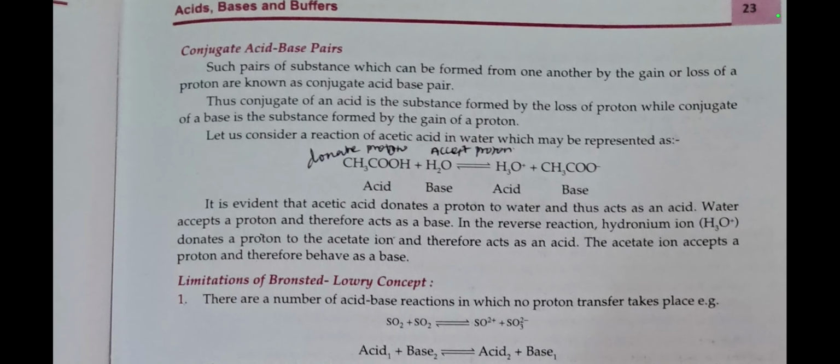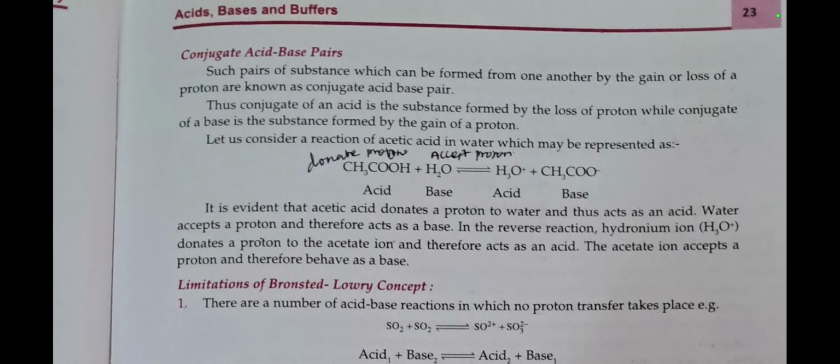Thus the conjugate of an acid is the substance formed by the loss of a proton, while the conjugate of a base is the substance formed by the gain of a proton. Here the base is formed by the gain of a proton and the acid is formed by the loss of a proton.